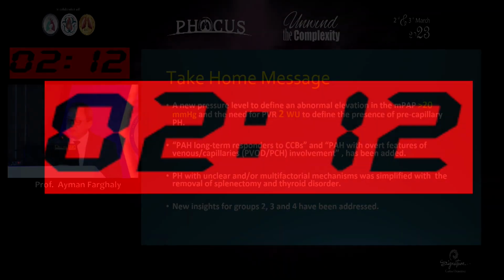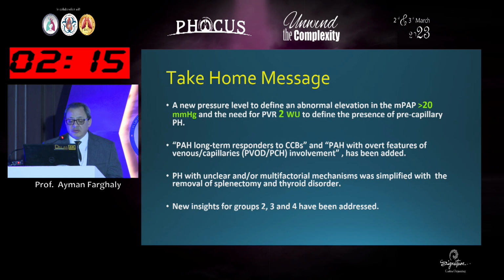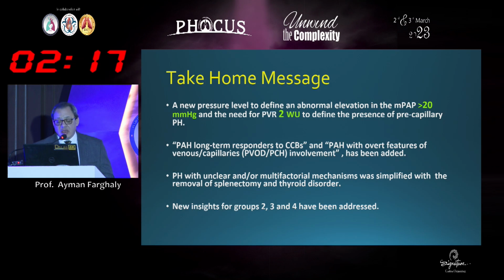The lung responders and the calcium channel responders must be determined. Also, patients with unclear or multifactorial mechanisms were simplified. New insights for groups 2, 3, and 4 have been addressed, and actually the comorbidities have been considered during our treatment in the straightforward classified cases.